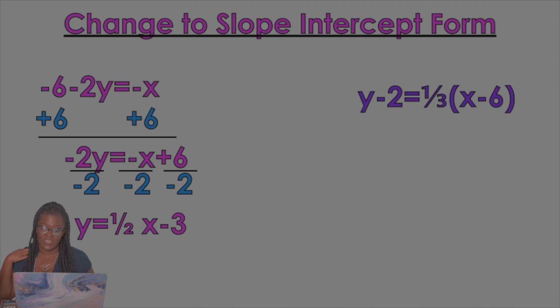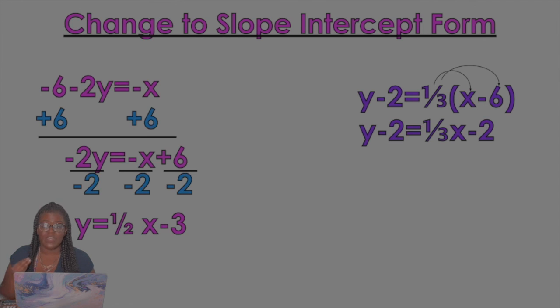Again, another problem. This one actually is in point slope form, okay? But sometimes they don't tell you what form it's in. They just give you a problem and they're like, put it in slope intercept form. So you got to know your chief goal to get something in slope intercept form is always to isolate y. So in this case, we're going to go back to those little parentheses, distribute that 1/3. Don't let the fraction freak you out.